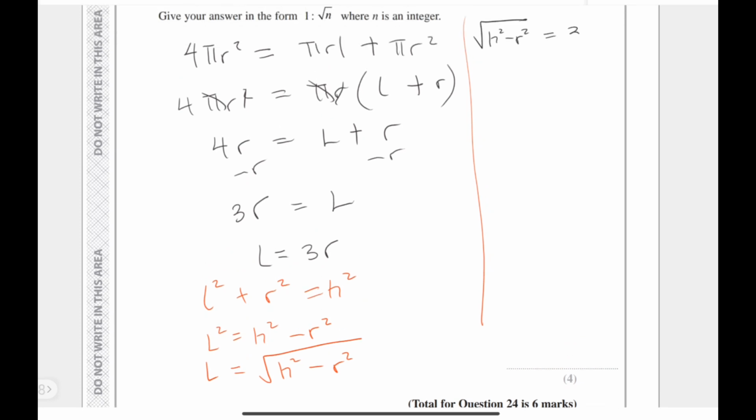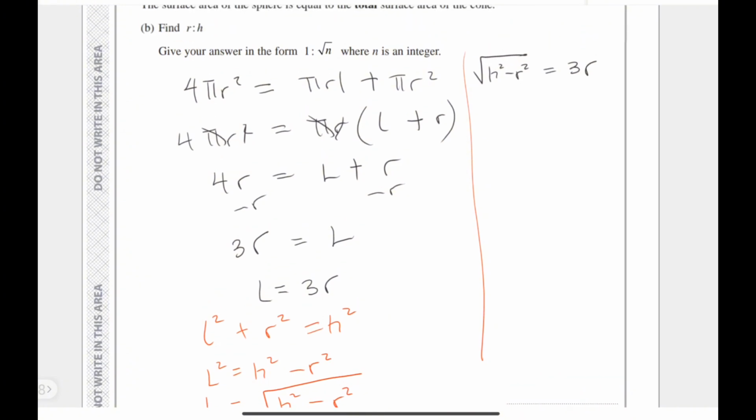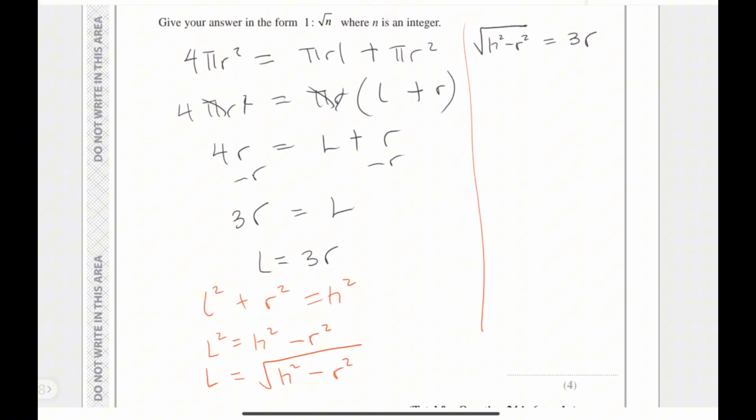With l equal to 3r, squaring both sides, h squared is equal to 9r squared minus r squared. So h squared is going to be equal to 8r squared, right?